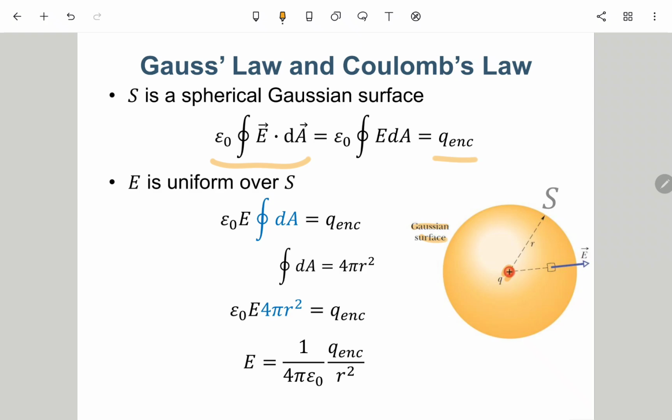And then for this specific case, as we only have a single charge and this is a sphere, for every small element, let's say here, dA points in this direction, and the E field also points in the same direction because it is totally symmetric. And as this is a positive charge, all the E field starts from the charge and points outwards.